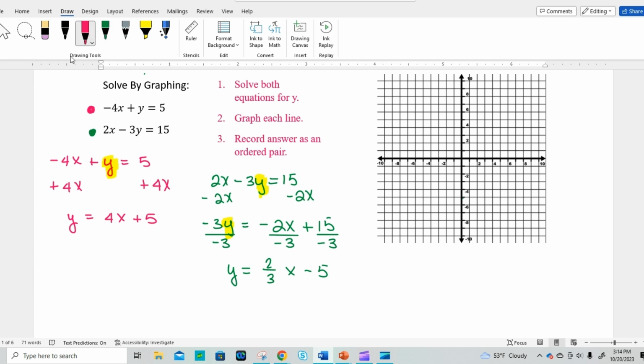I'm going to switch back to my pink color, and I'm just going to define what the y-intercept is and what the slope is before I start graphing this line. So the y-intercept is (0, 5).